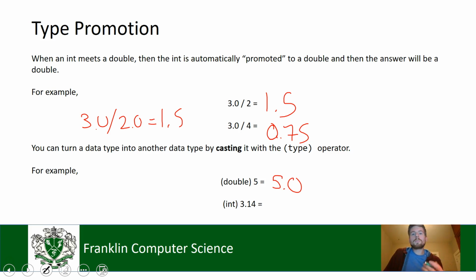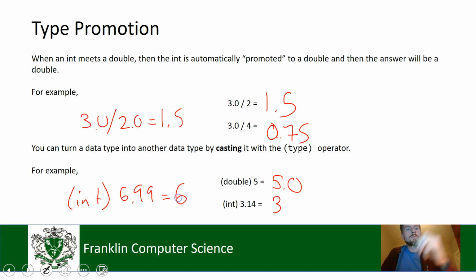If you put int in parentheses before a double, it's going to truncate it and throw away the decimal. So that would give you 3. It doesn't round, it actually just throws away the decimal. So int 6.99 is actually just equal to 6 because it throws away all the decimal stuff. So that's gone, even though it's very close to 7.